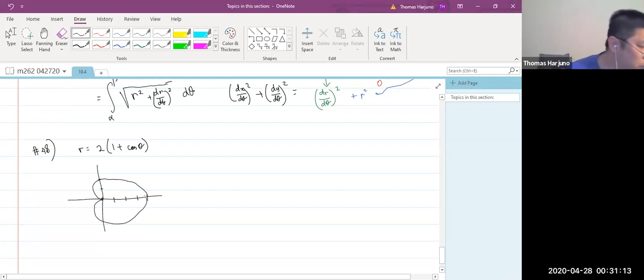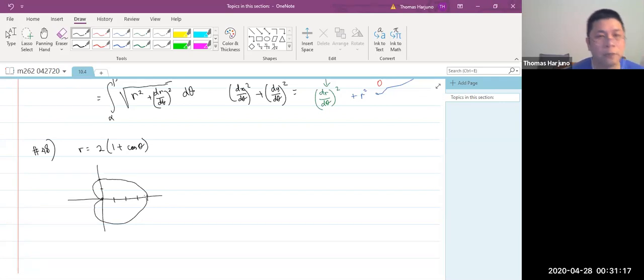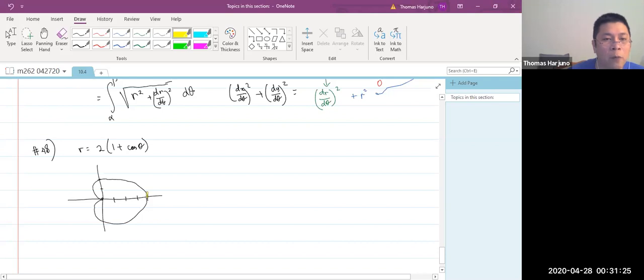Okay. Now suppose we want to find the circumference of this cardioid. What's the circumference of this cardioid? I will use symmetry. I will get the length from theta equals 0 to theta equals pi, and then later on I will multiply by 2.